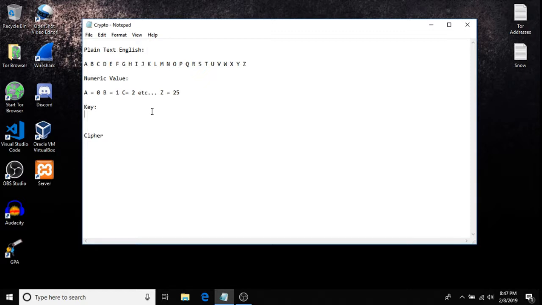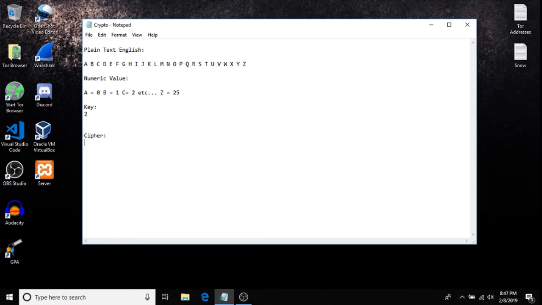So a key sometimes can be either a word or it could be a number. We're going to focus on a number for this case, as we're not going to go into the keyword ciphers yet. So our key is going to be 2. Okay, we're just going to go with the number 2.